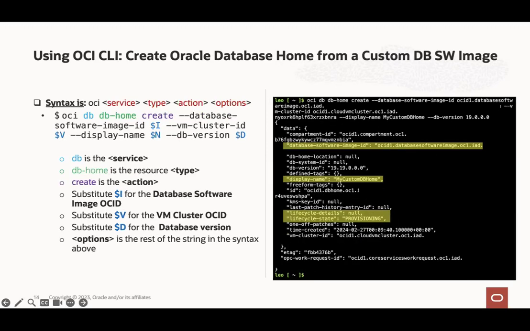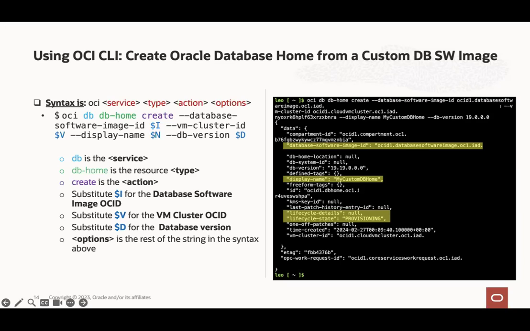Once you have created the custom database software image, you can create an Oracle database home out of that custom database software image. In CLI, here's the command to create a database home. It's just db-home and then create. And then you just need to supply the arguments. If it's creating from a custom database software image, you'll see there the argument --database-software-image-id.